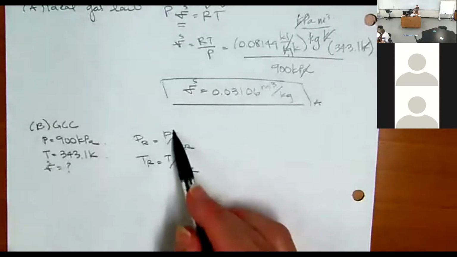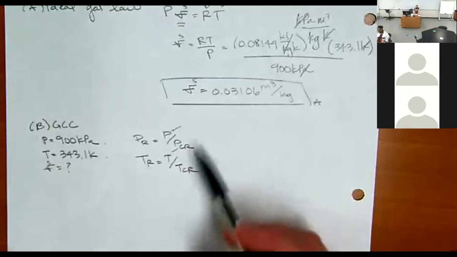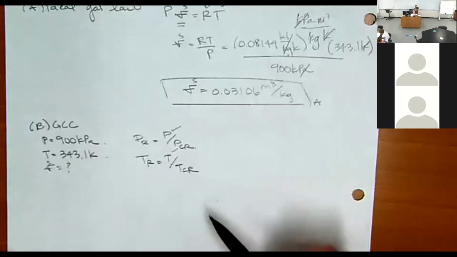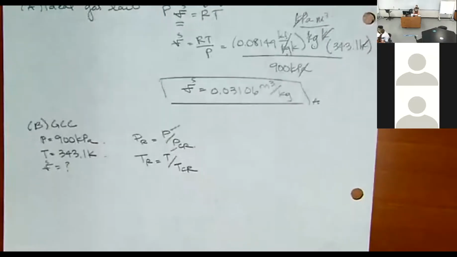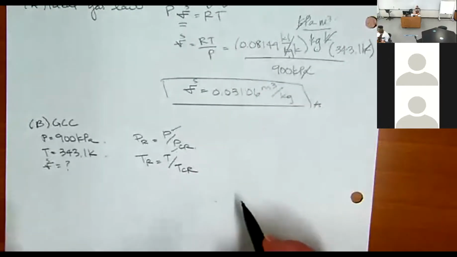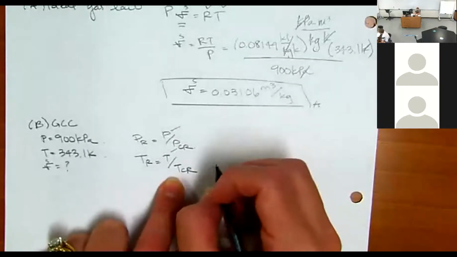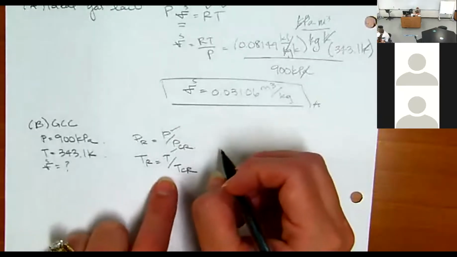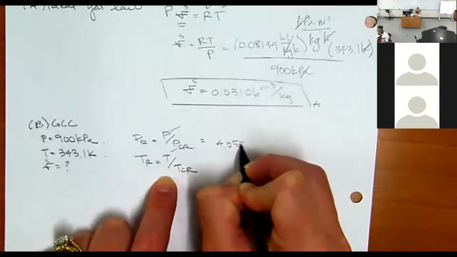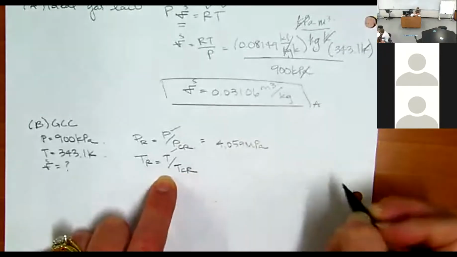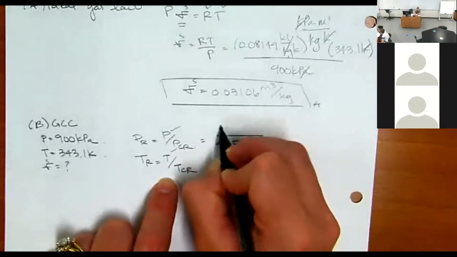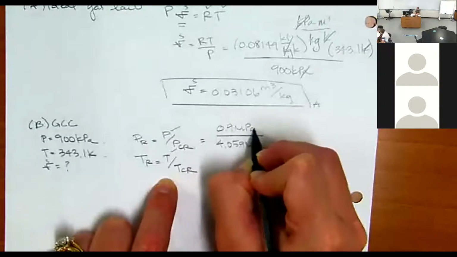And I'm given my pressure and temperature. I'm going to be looking up my critical point pressure and my critical point temperature in table A1. So those are on the right-hand side of that table. It's the same table we looked at the R value in up here. And my critical point pressure for refrigerant R134A is going to be 4.059 megapascal. And I know my pressure here is 900 kilopascal or 0.9 megapascal.